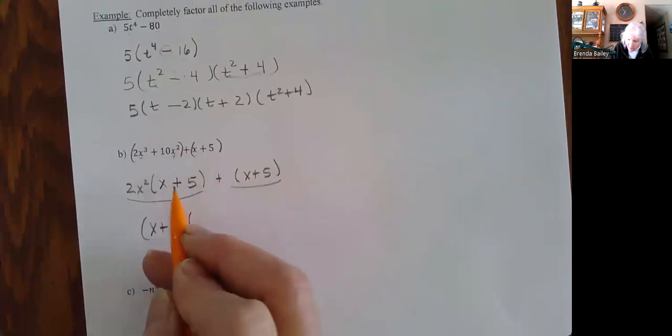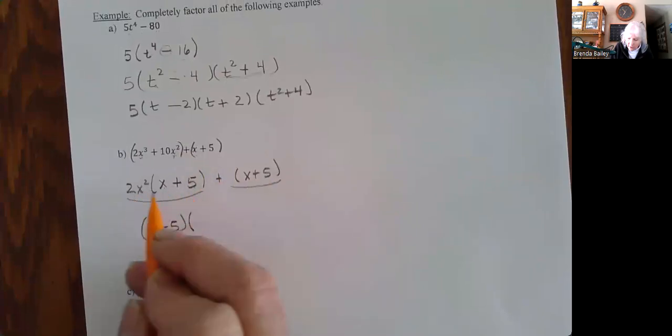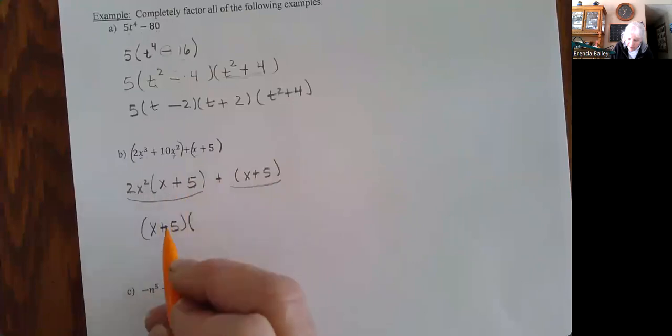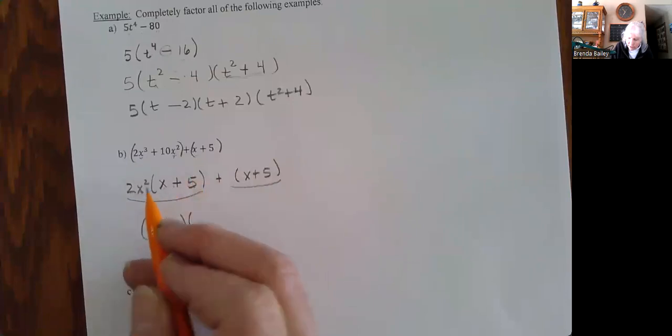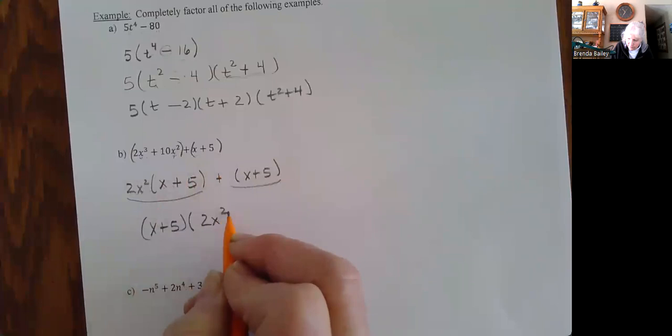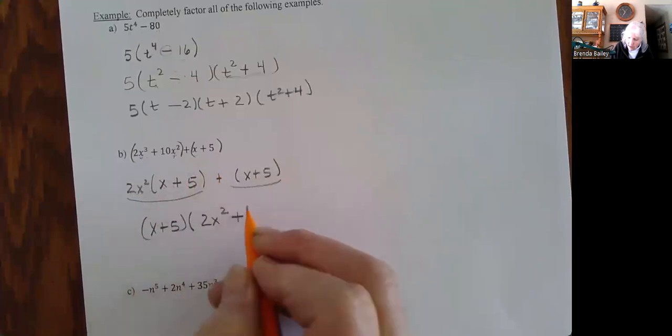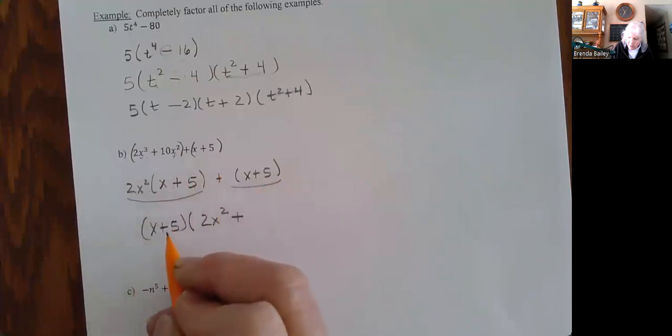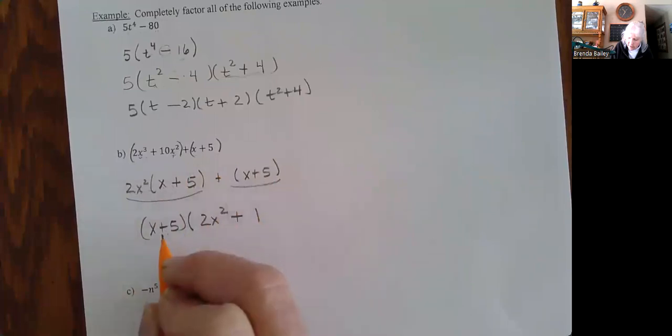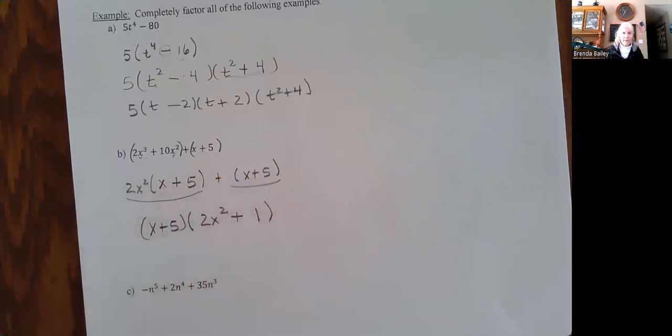If I take this out of this first part, in other words, this divided by this, these cancel, and you're left with 2x squared. Plus x plus 5 divided by x plus 5 is 1. This times 1 is this. Can you factor it further?